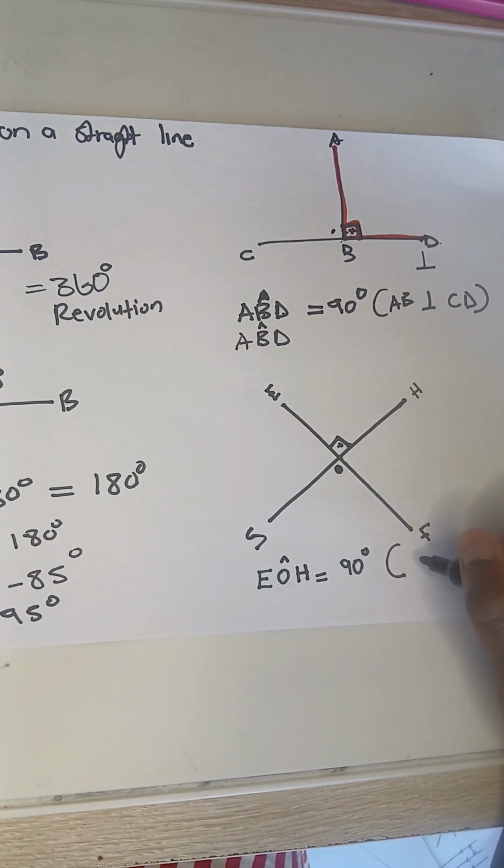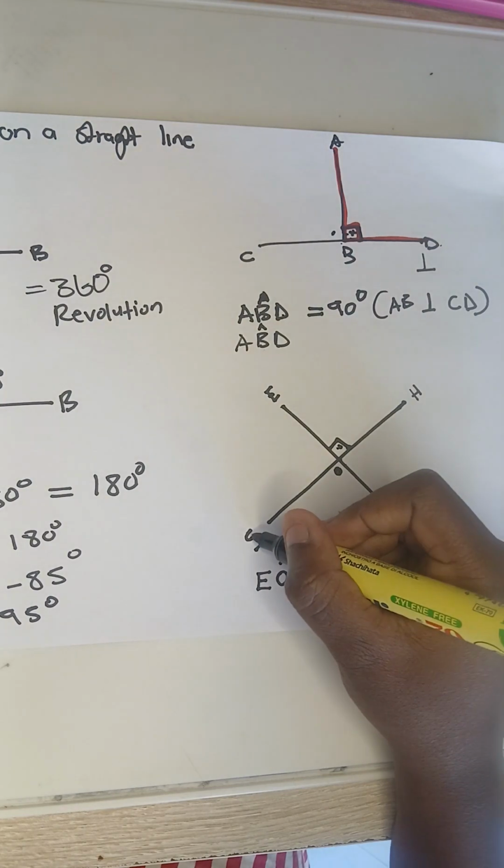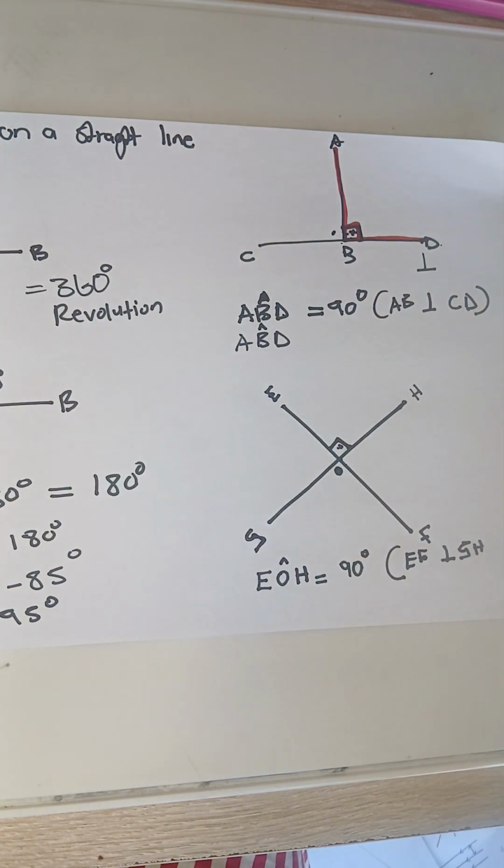What is the reason? Why are we saying EOH is equal to 90 degrees? Because EF is perpendicular to GH. This is the G, guys. EF is perpendicular to GH.